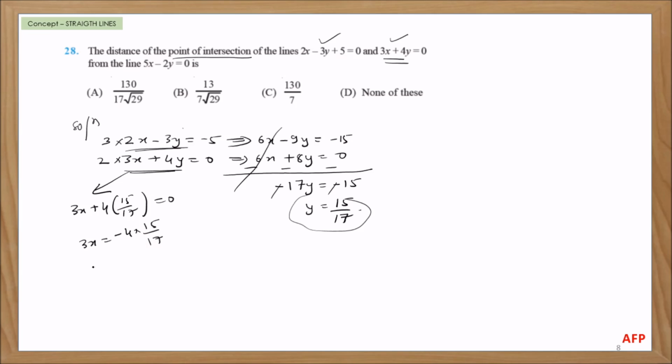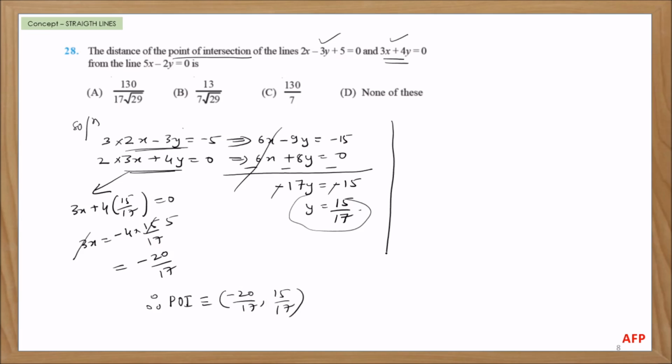So if you bring it to the other side, with cancellation, what you are getting is minus 20 by 17. So therefore the point of intersection is nothing but minus 20 by 17 and 15 by 17 you got.